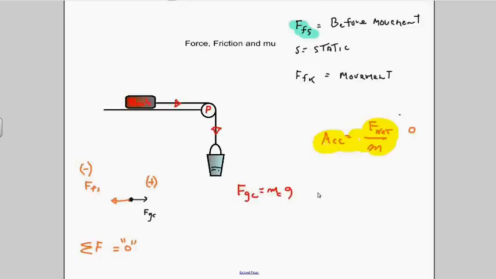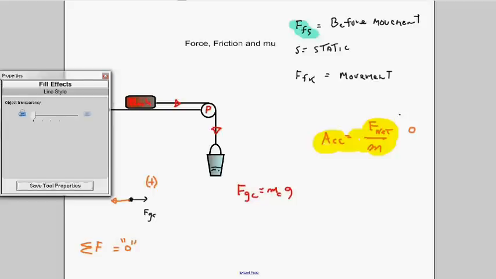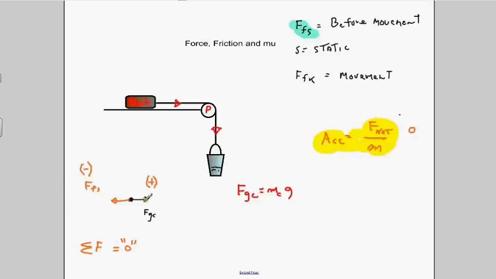Okay, so let's clean this up and go back to what we were saying. Let's add a few more pennies to this, and we'll change the color. Let's add some pennies by adding some green here. I'm going to add this many more pennies. So now the force of gravity has gotten larger.